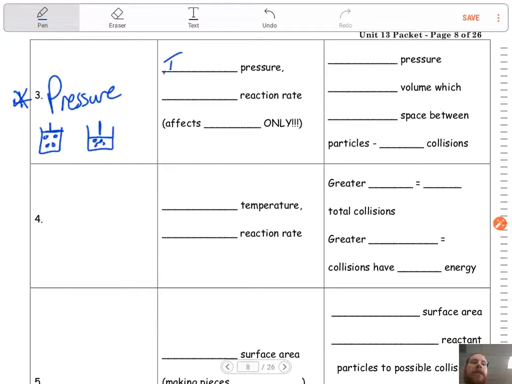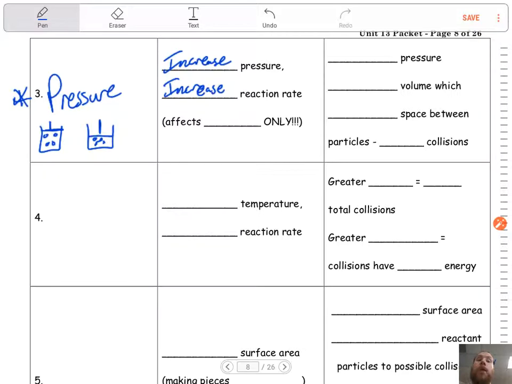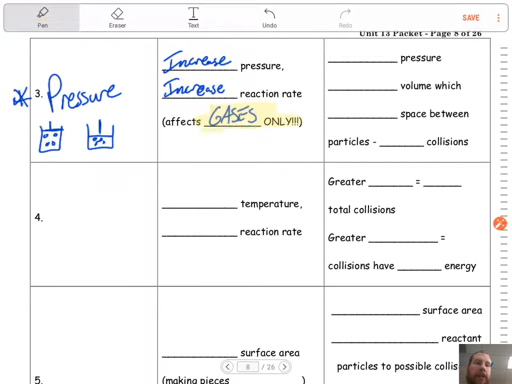So if I increase the pressure, what's going to happen to the reaction rate? It's going to increase as well because, again, those particles are getting closer to each other. The closer the particles are, the more collisions. So think about it in terms of collisions. The closer they are together, the more collisions there are. This only affects gases, and that's why we started there. This is only gases because they're the only thing that has a pressure.